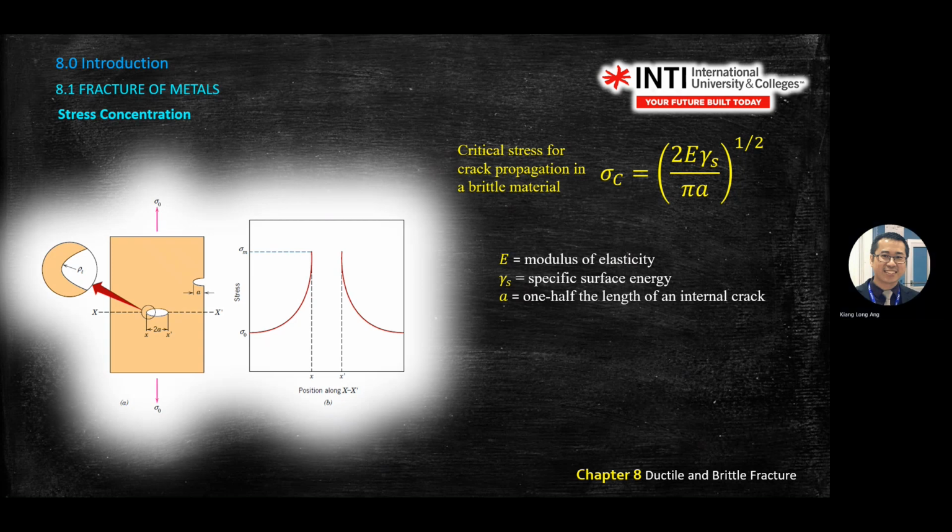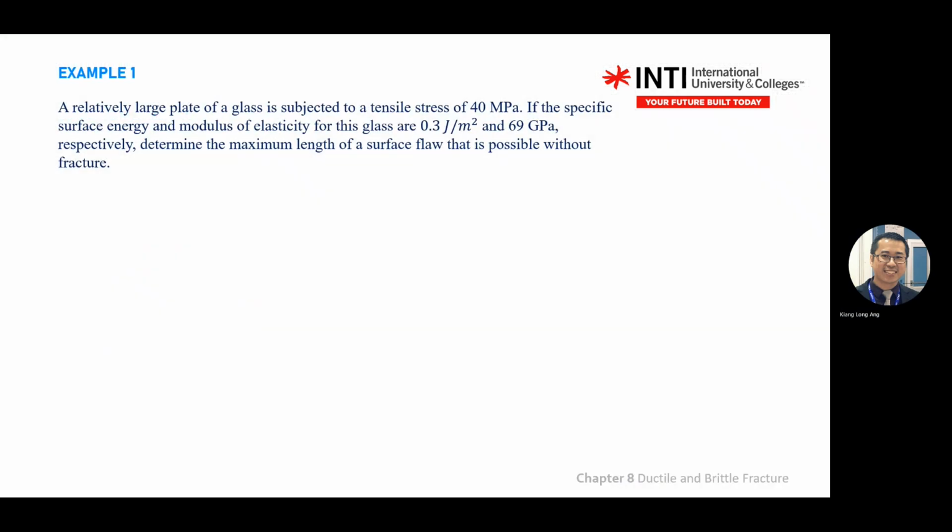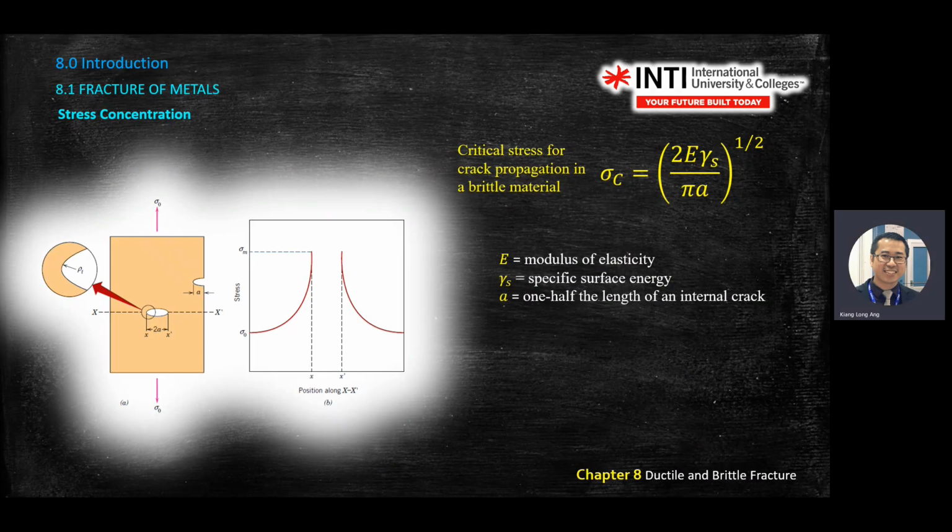And again, the A here is half of the length, right? You see on the diagram, half the length of the internal crack. This equation is for brittle material. The previous equation is for ductile material.